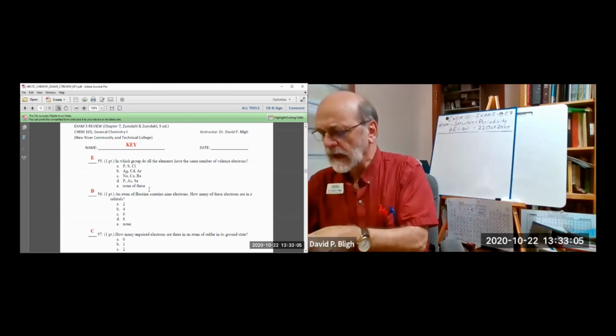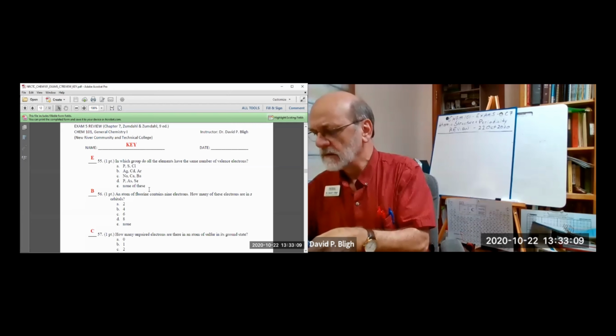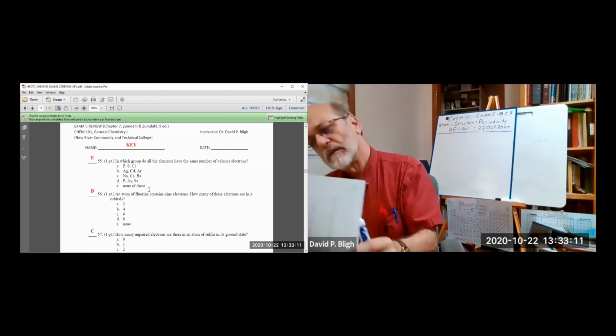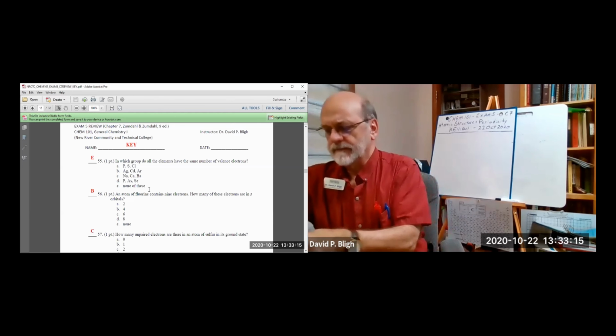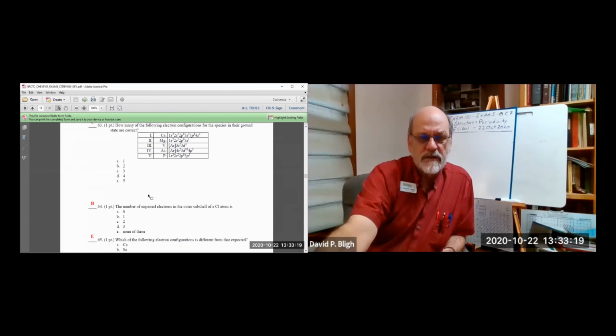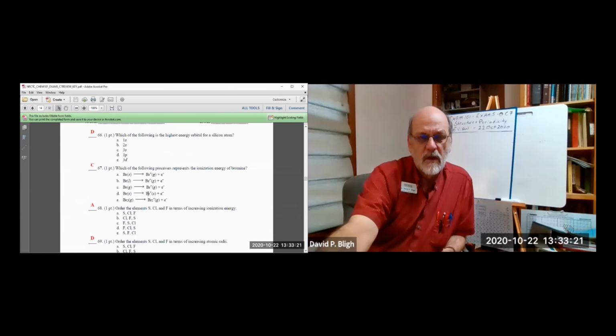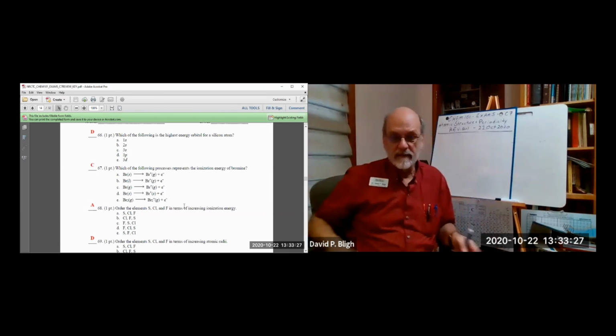Okay, let's see. How about 67? This has to do with the definition. 67. Okay. Which of the following processes represents the ionization energy of bromine? Right.